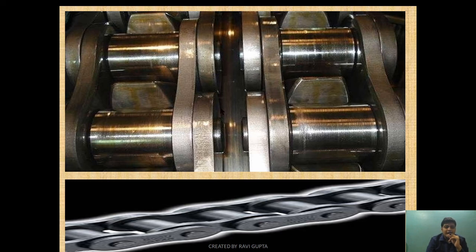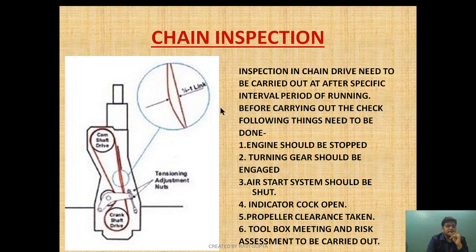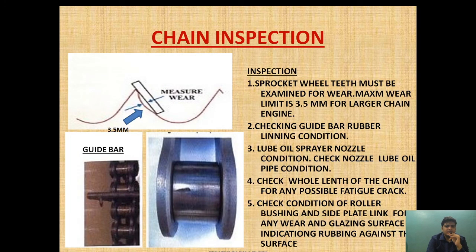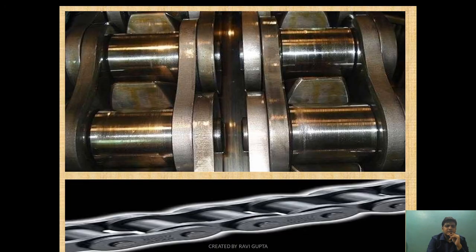We'll check the slackness. So all these things we will check. I hope I've given you a brief idea about the topic. Now I hope you have learned in this video how the chain drive works and how the chain drive inspection needs to be carried out.